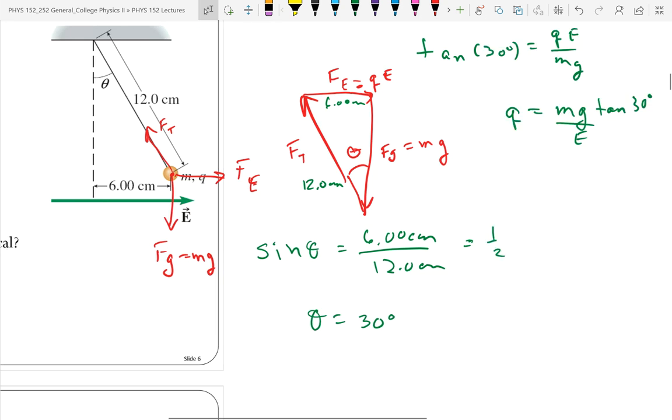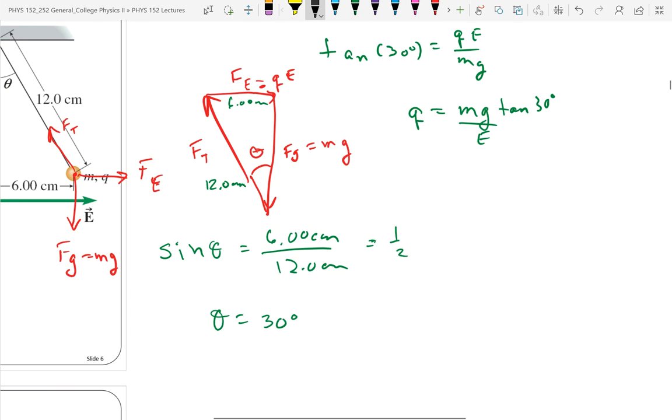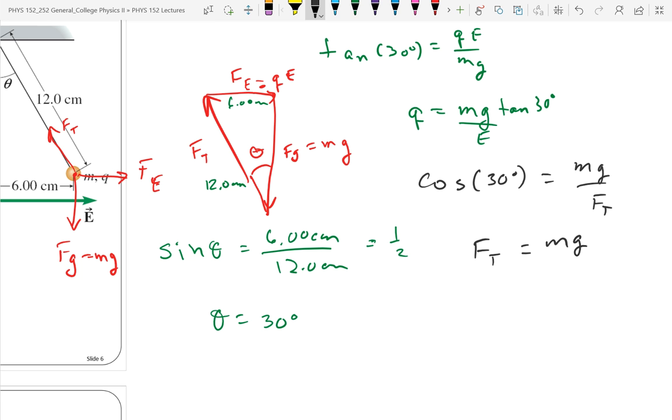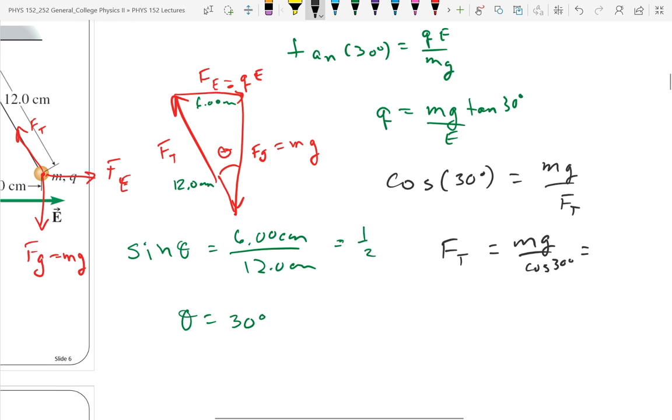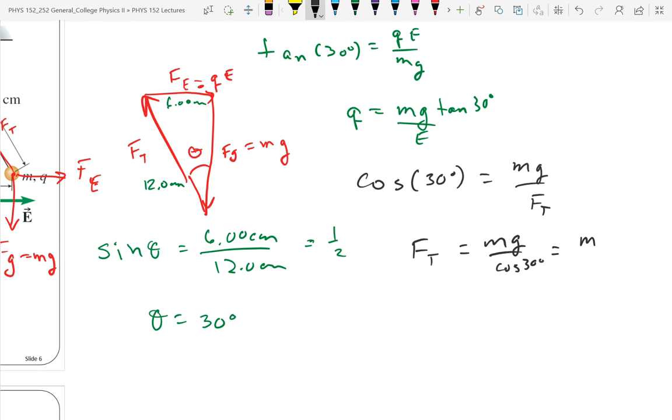And so I would say cosine of 30 degrees equals mg over force tension. So force tension is equal to mg over cosine 30 degrees. Two mg over root 3.